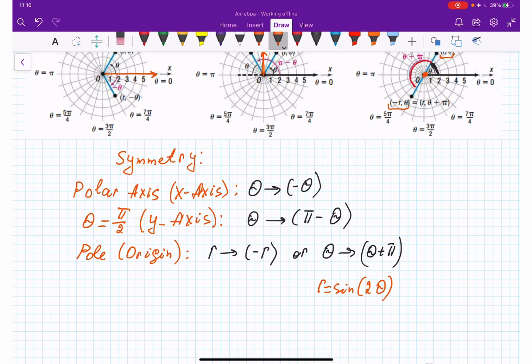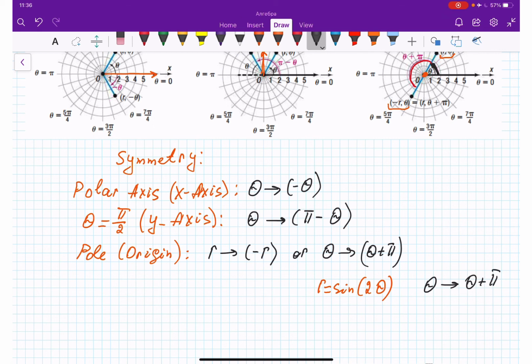But only the test for symmetry with respect to the pole will work, if we replace theta with theta plus pi. Only this way will work.